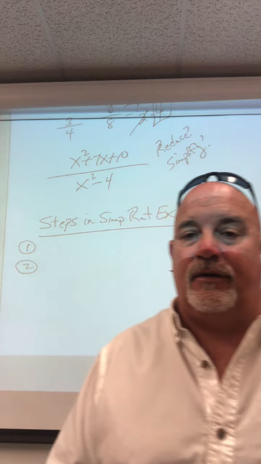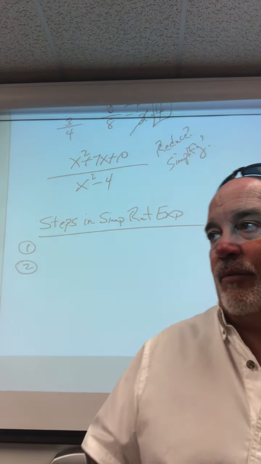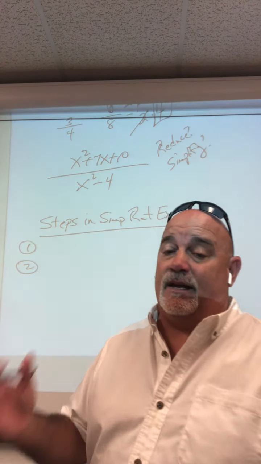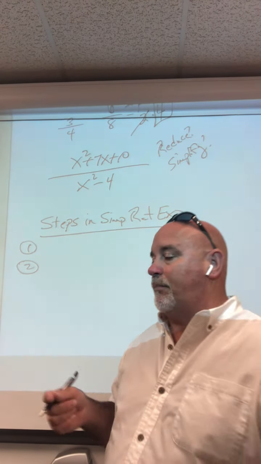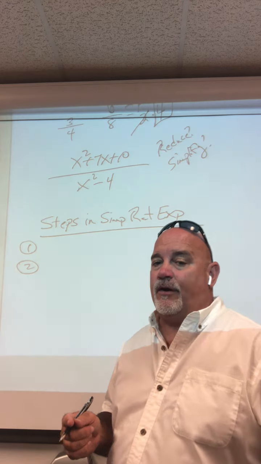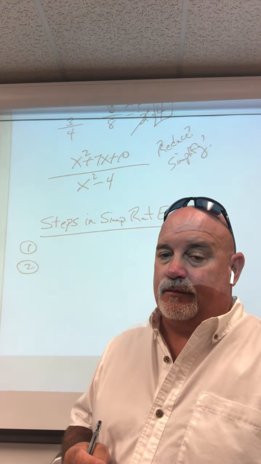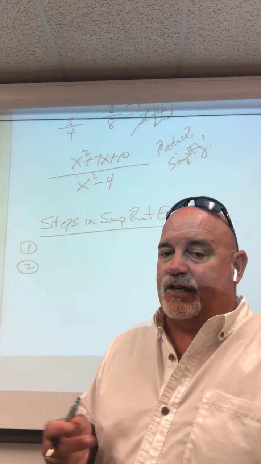Completely factor, and there are those 2 words again. We have talked about that a ton since we covered factoring. So back to step 1. Completely factor the numerator and denominator. Then step 2.